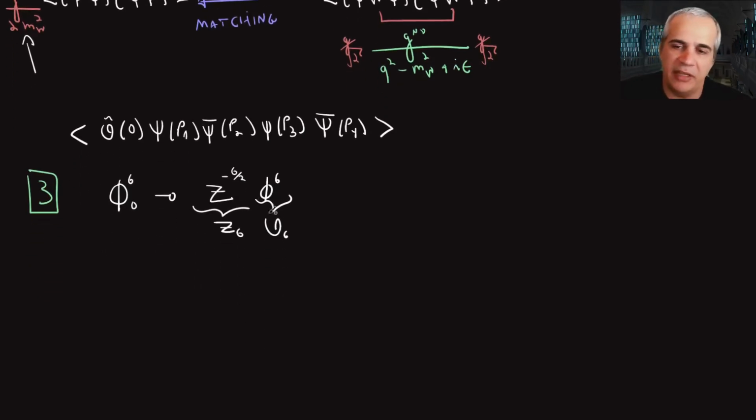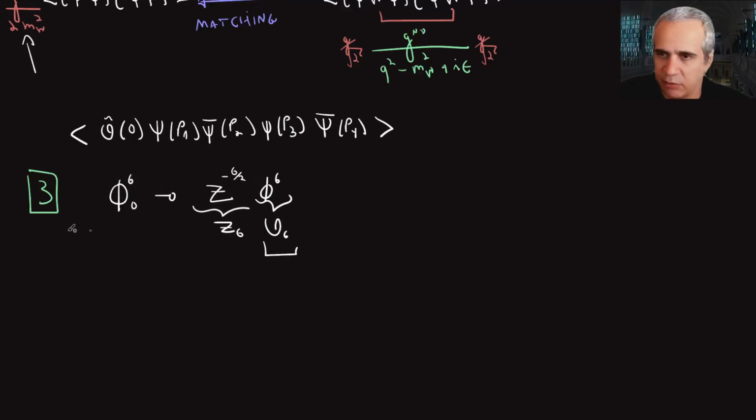I could find a Callan-Symanzik equation for this object instead of each of these fields separately. So again, you could just think of local operators for convenience.